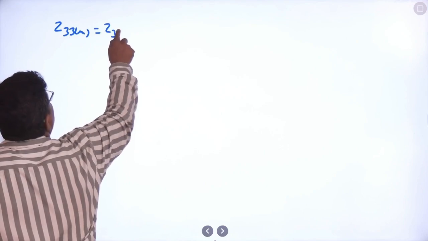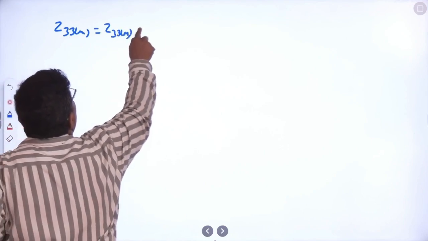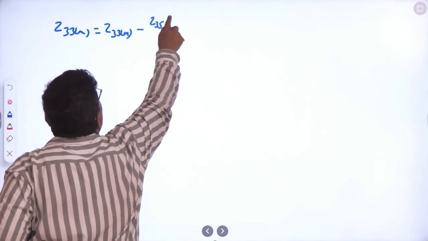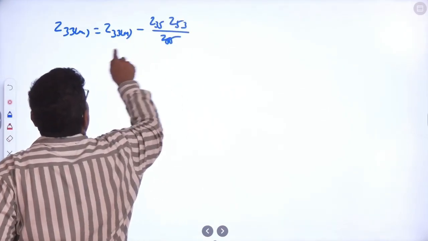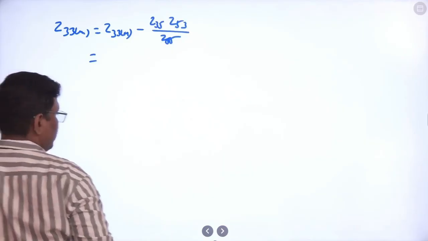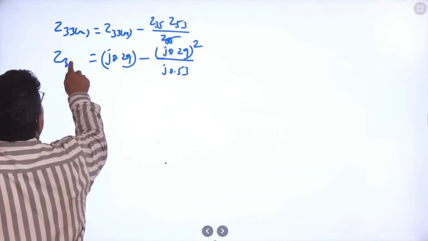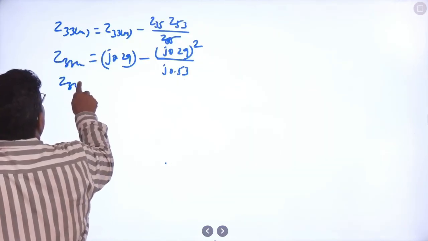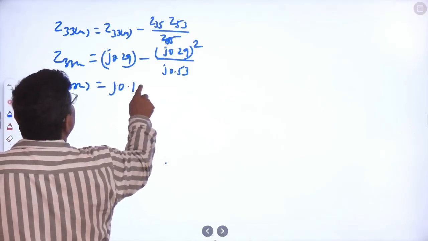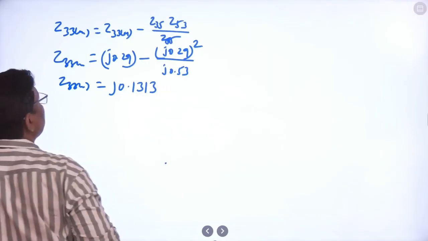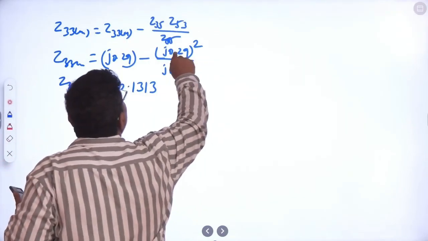So Z33 old minus Z35 into Z53 divided by Z55. Okay, so Z33 new equal to j0.1313. Okay.